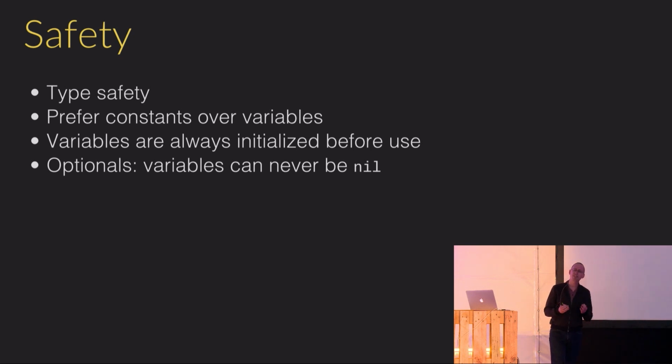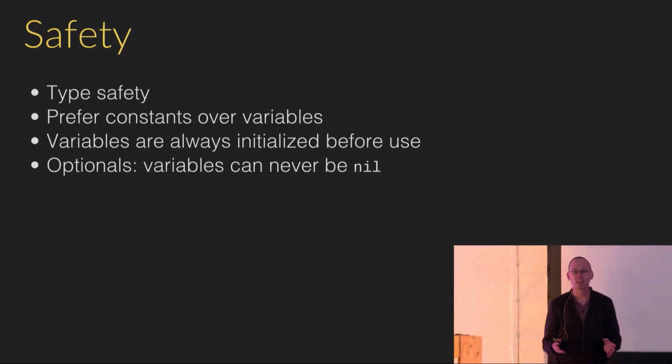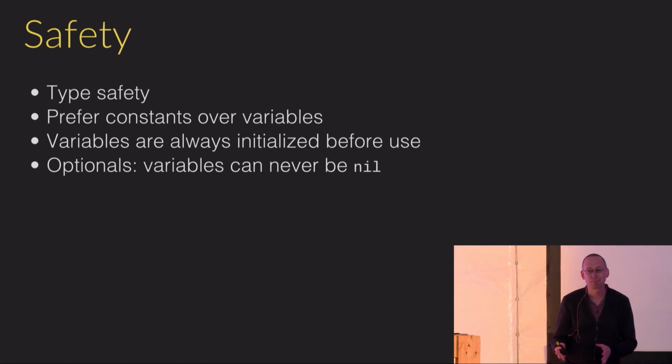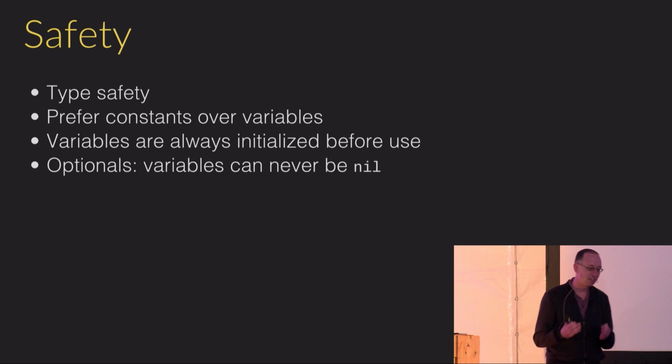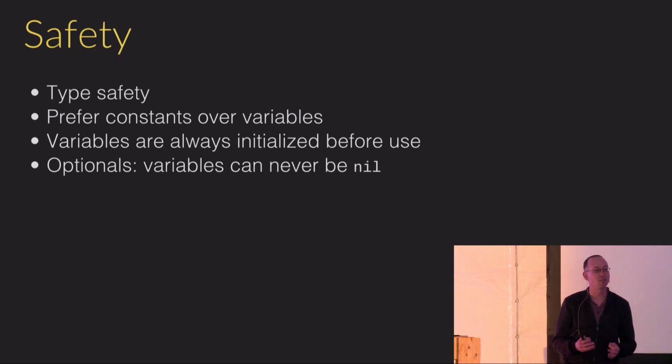Swift has a philosophy of preferring constants over variables. So there's a keyword called let, and there's a keyword called var for defining a variable. And you'll see a preference in the Swift programming community for let over var. A tendency to prefer constants and immutability wherever possible.